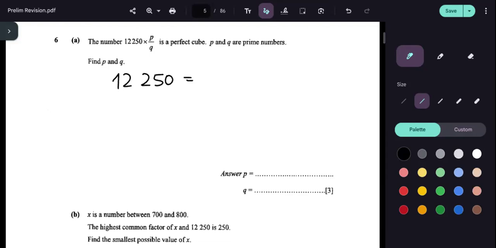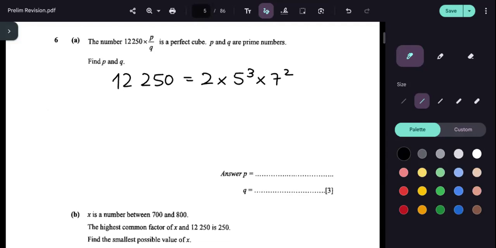For those who know the prime factorization, I'm just going to refer to my answer over here. I had 2 times 5 cube times 7 squared. This is your prime factorization, your Set 1 topic. For a number to be a perfect cube, all prime numbers' powers must be a multiple of 3.